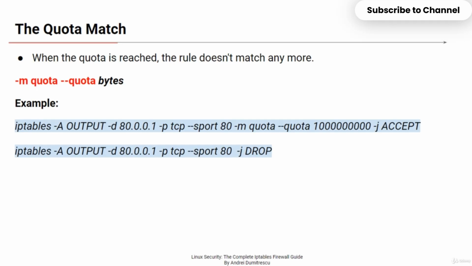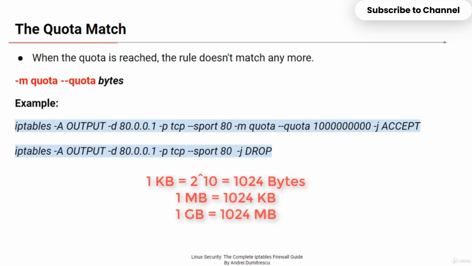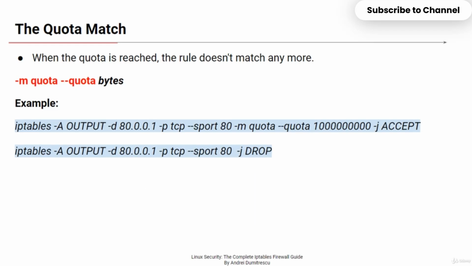As a reminder, 1 kilobyte equals 1024 bytes, 1 megabyte equals 1024 kilobytes, and 1 gigabyte equals 1024 megabytes. This means that a gigabyte is more than 1 billion bytes, but for the simplicity of this example, we consider 1 gigabyte equals 1 billion bytes.